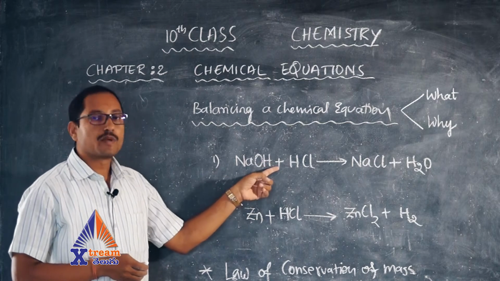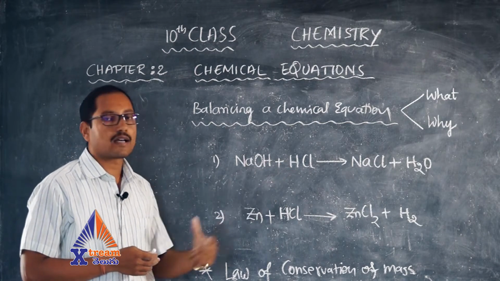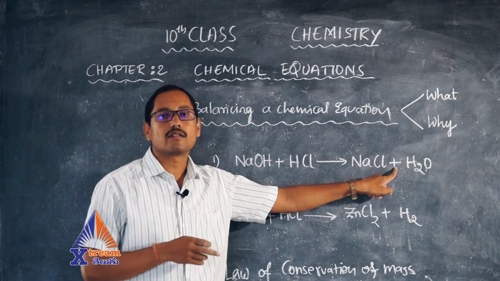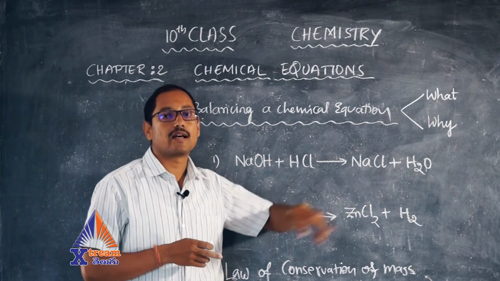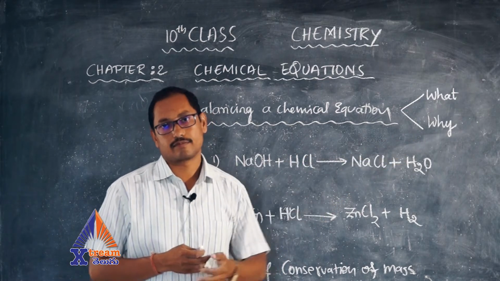The plus is to be read as 'reacts with' on the reactant side, and the plus on the product side has to be read as 'and', indicating the number of products.